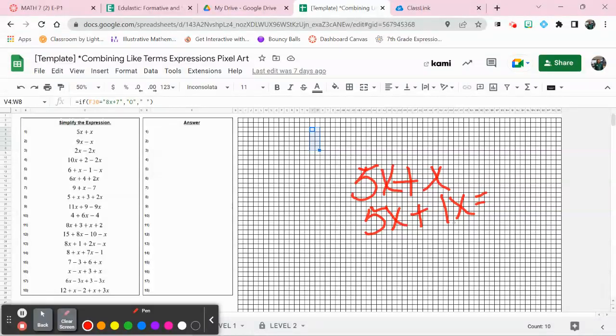They match. So that means we can combine them. They are like terms. And 5 plus 1 is 6 x's. So basically, it's 5 plus 1 times x. But you don't have to go to that extent. So that's why combining like terms is part of the distributive property.